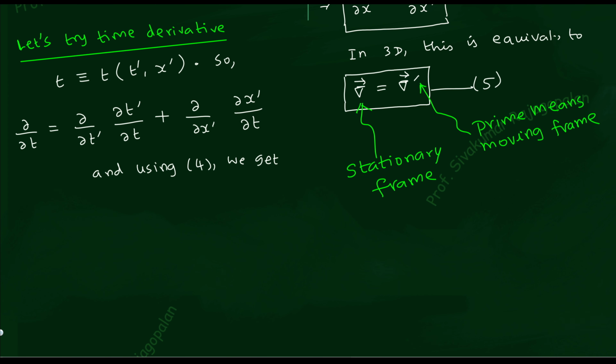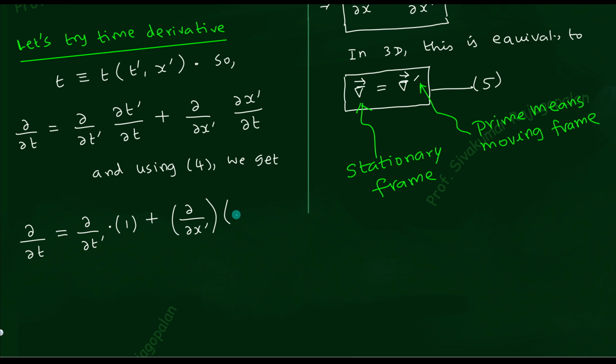So let us use equation number 4. Therefore, we have ∂/∂t equal to ∂/∂t' into 1, because that is 1 here, then plus that expression ∂/∂x' into minus v.